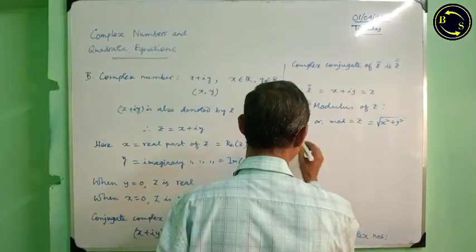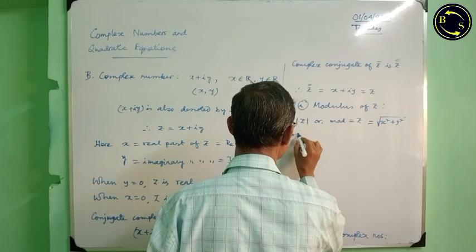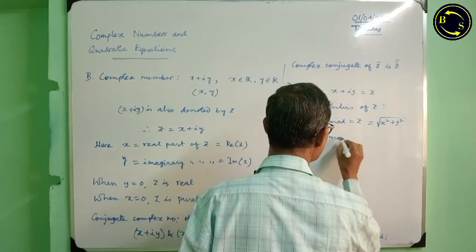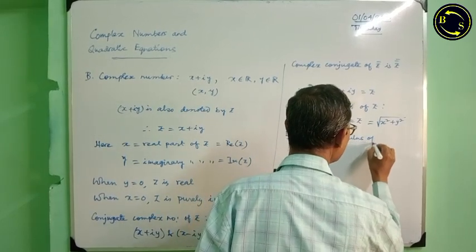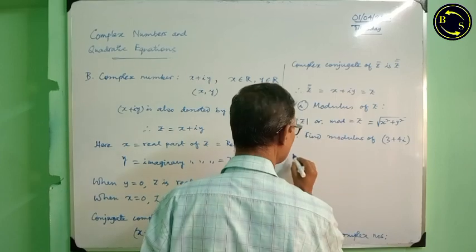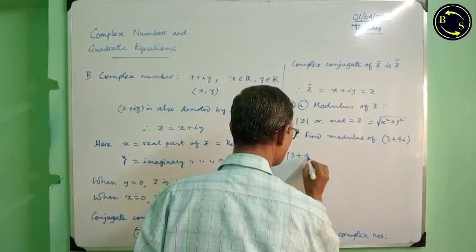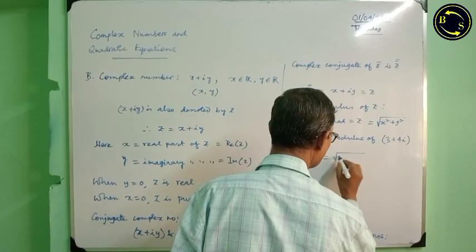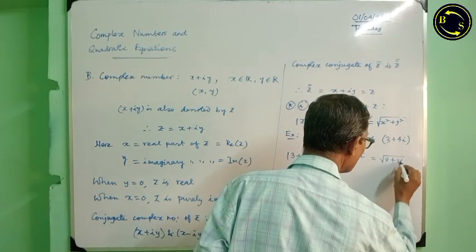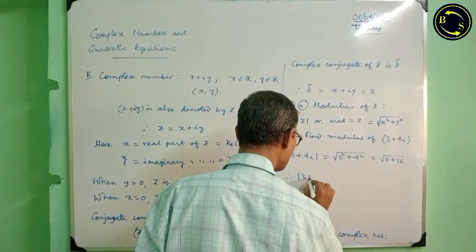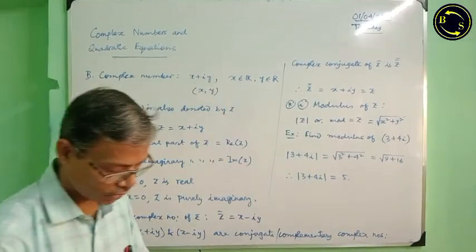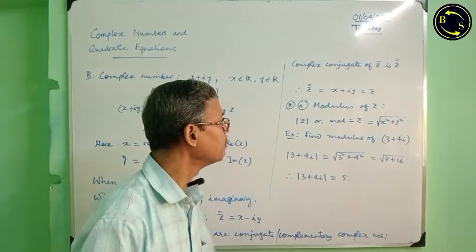Then we take an example. Find the modulus of 3 plus 4i. It is 5.